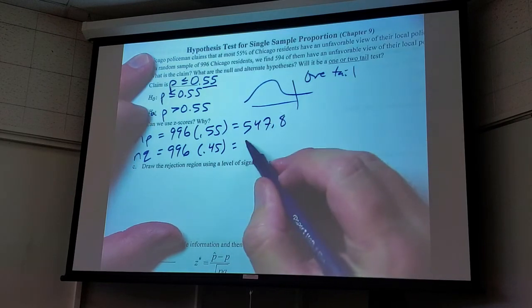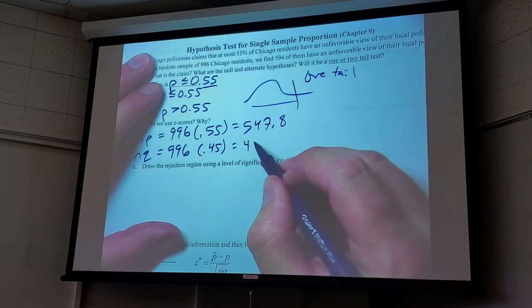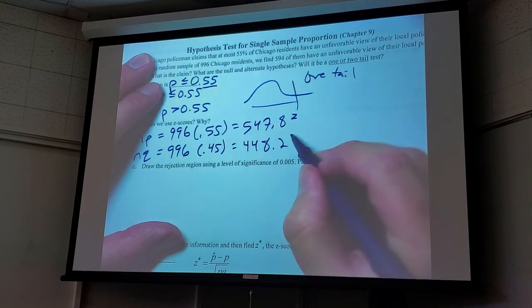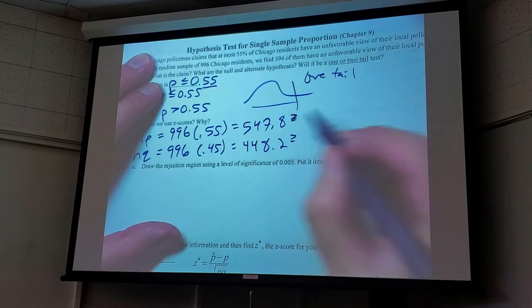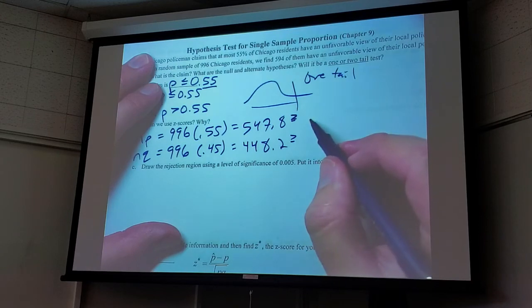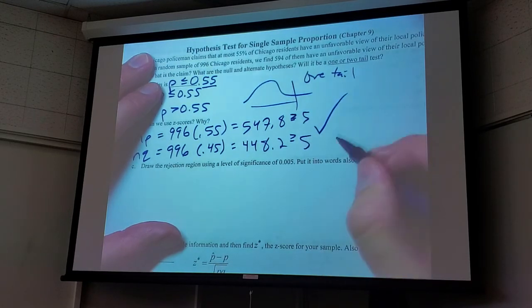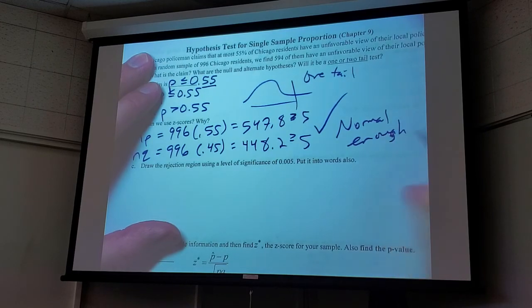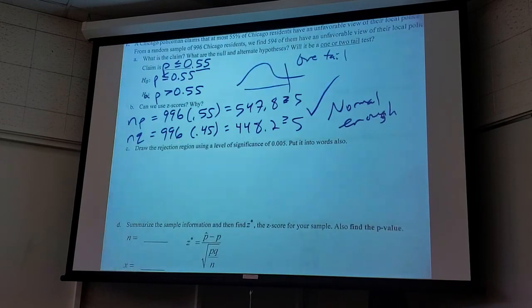And then this one's going to be 448.2. And those are both at least how much? 5. Check, normal enough. So if either one of those fails the check, if either one of those is less than 5, you officially can't do anything.